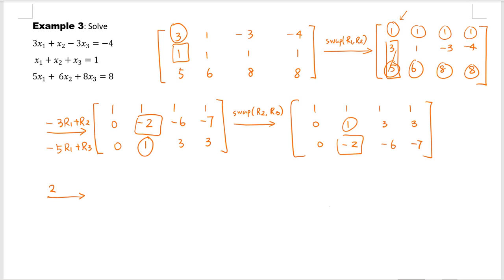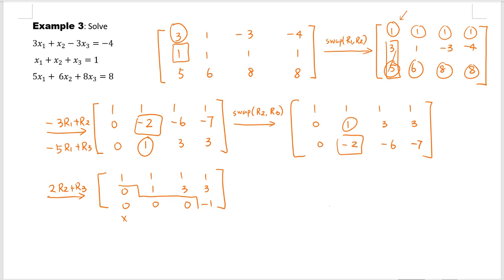We can use 2 row 2 added to row 3. 2 minus 2, 0. 2 times 3, 6, minus 6, 0. 2 times 3, 6; 6 minus 7 is minus 1. See, now we get a stair shape. So this is the echelon form.